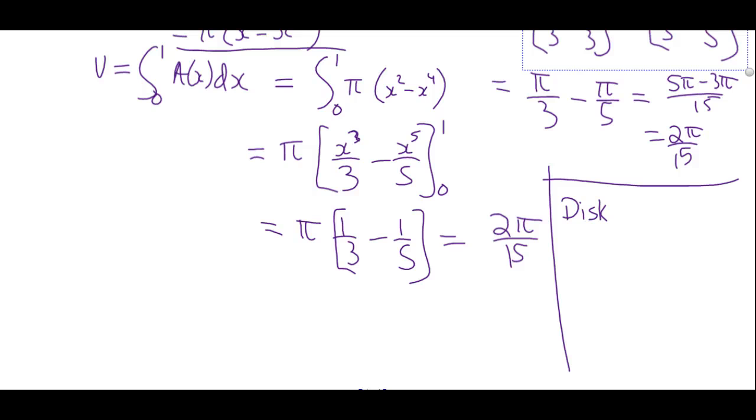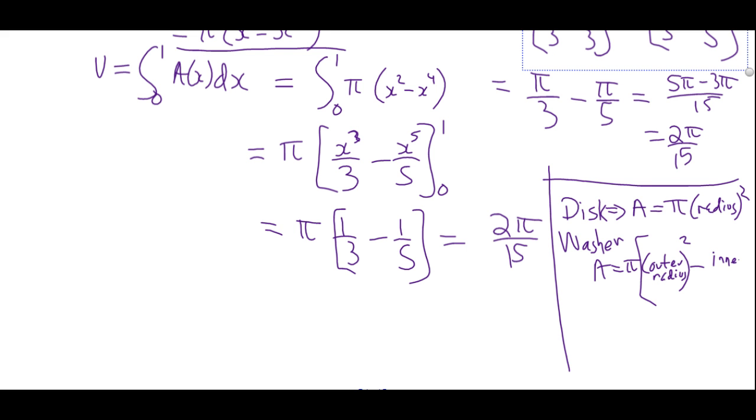It's the difference between them. So in the disk method, area is equal to pi times the radius squared. And in the washer method, area is pi times the outer radius squared minus pi times the inner radius squared.